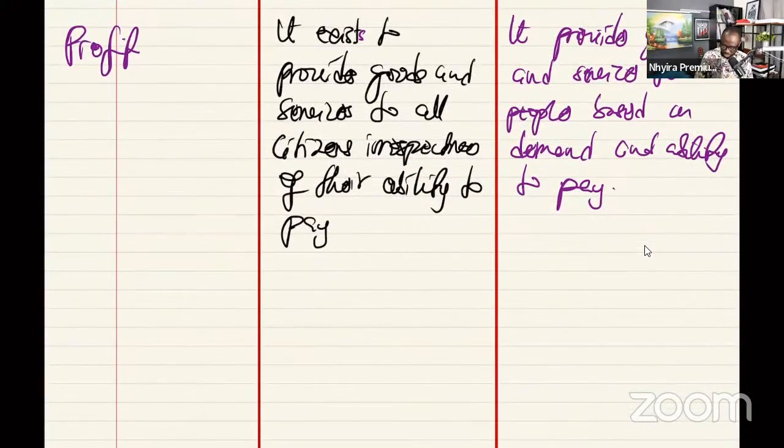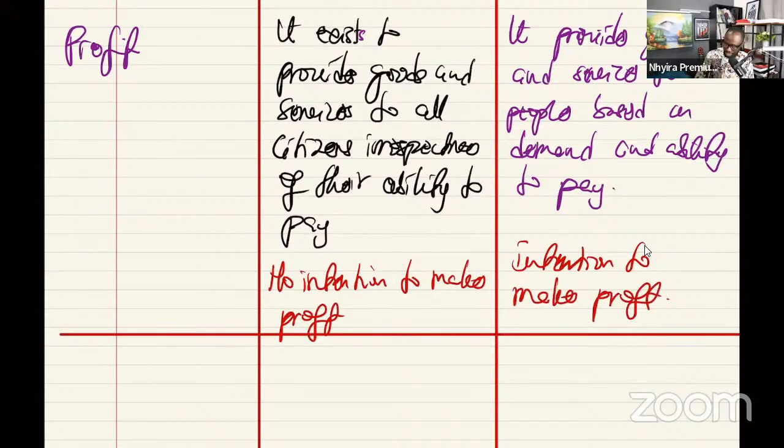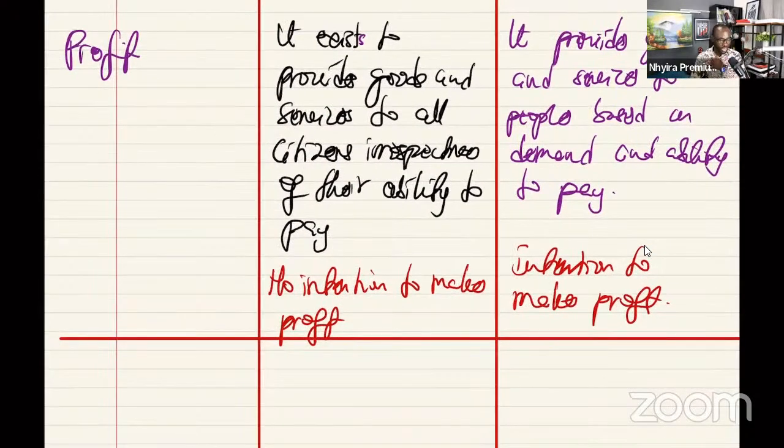In other words, what you are saying here is that there is no intention to make profit here. But here there is an intention to make profit. Godwin, did I bring your point home? Yes, sir. Okay. All right. So that is what we can say in that case.